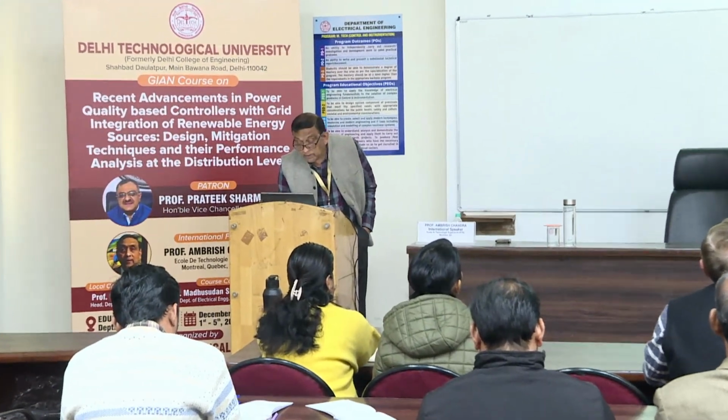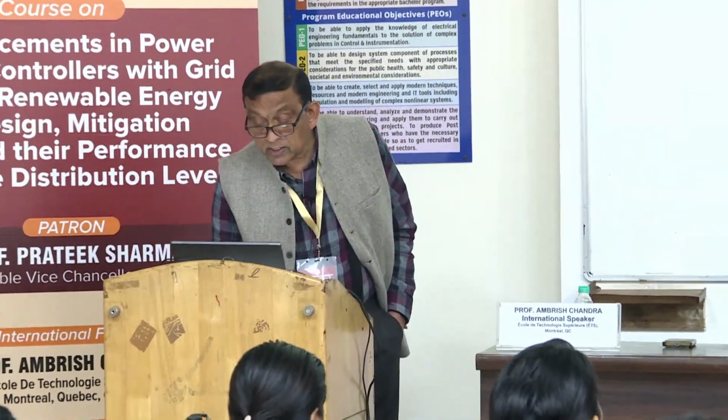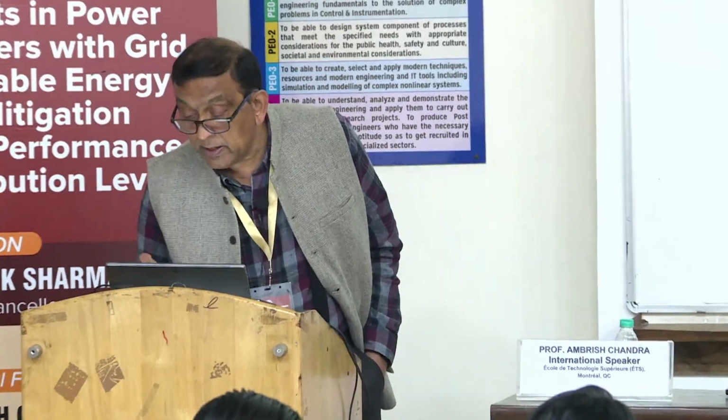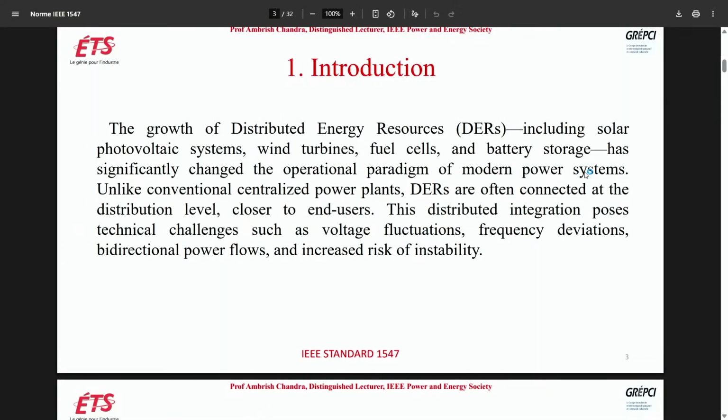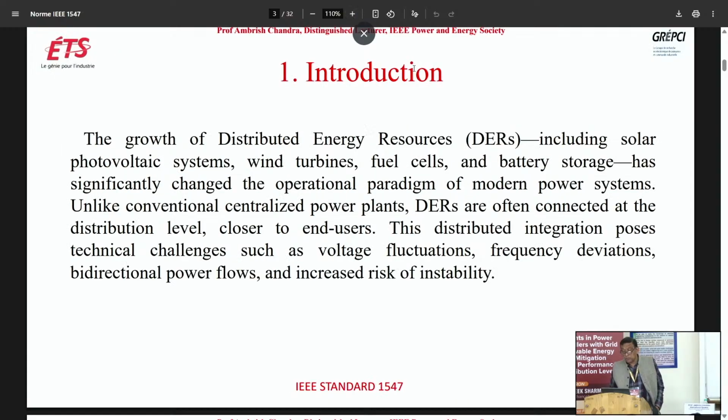The growth of distributed energy resources, including solar photovoltaic systems, wind turbines, fuel cells, battery storage, has significantly changed the operational paradigm of modern power systems. Unlike conventional centralized power plants, DERs are often connected at the distribution level.